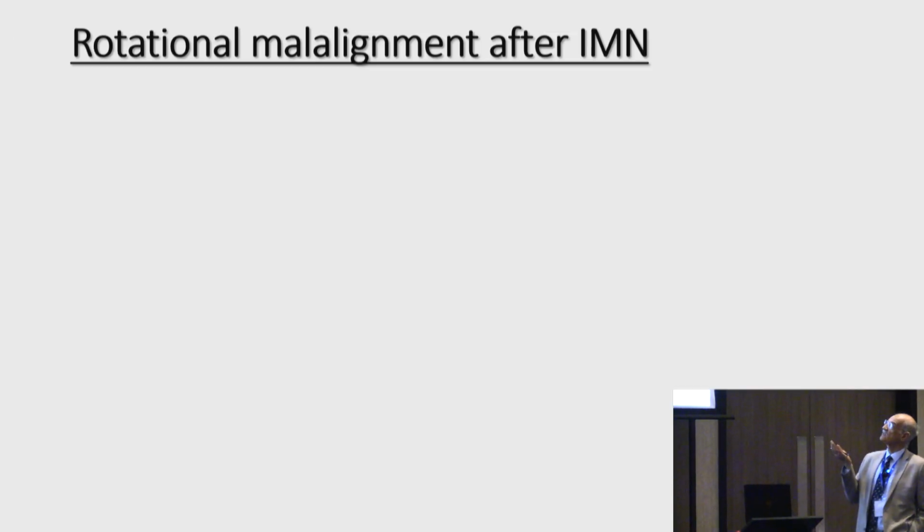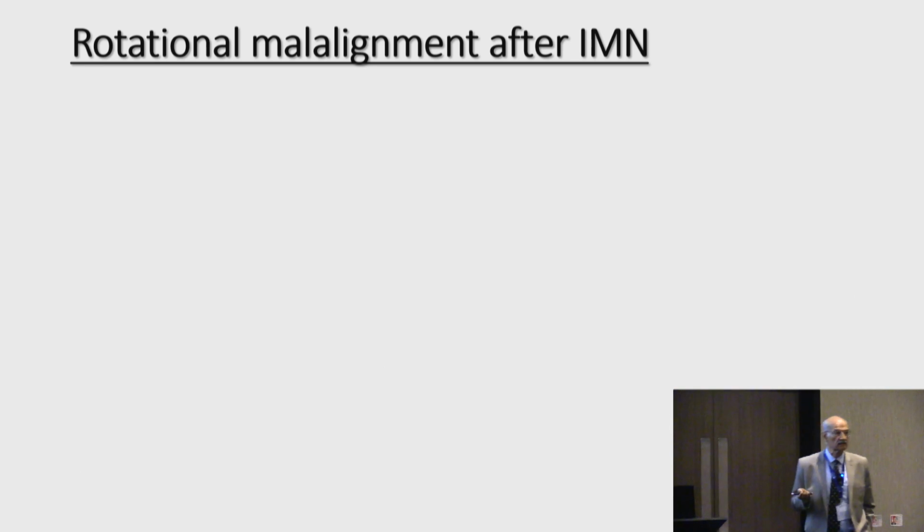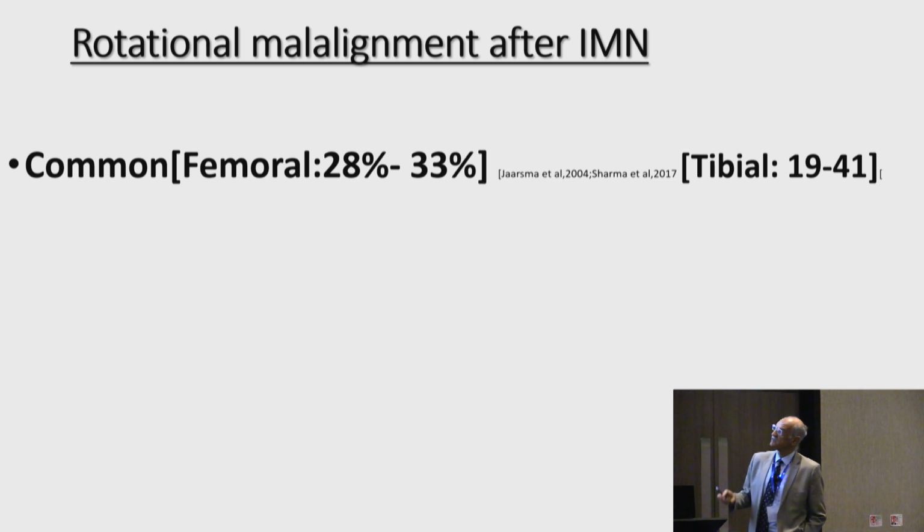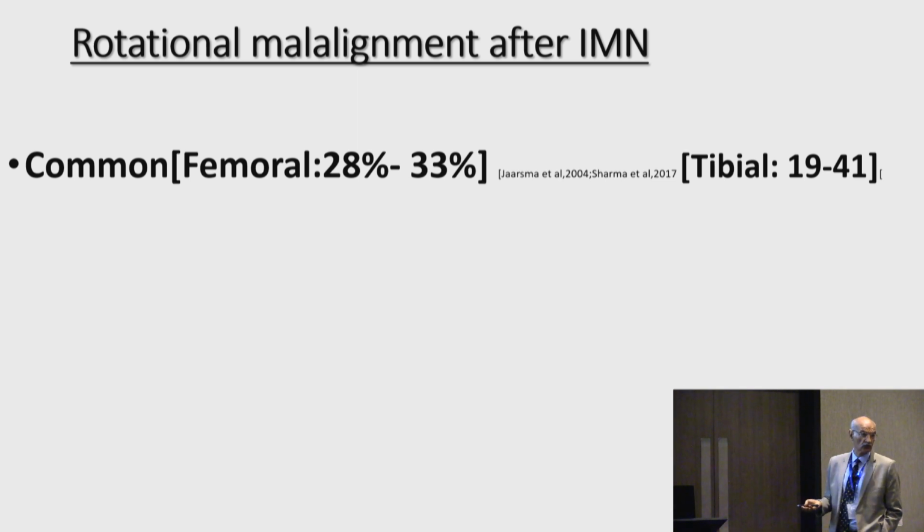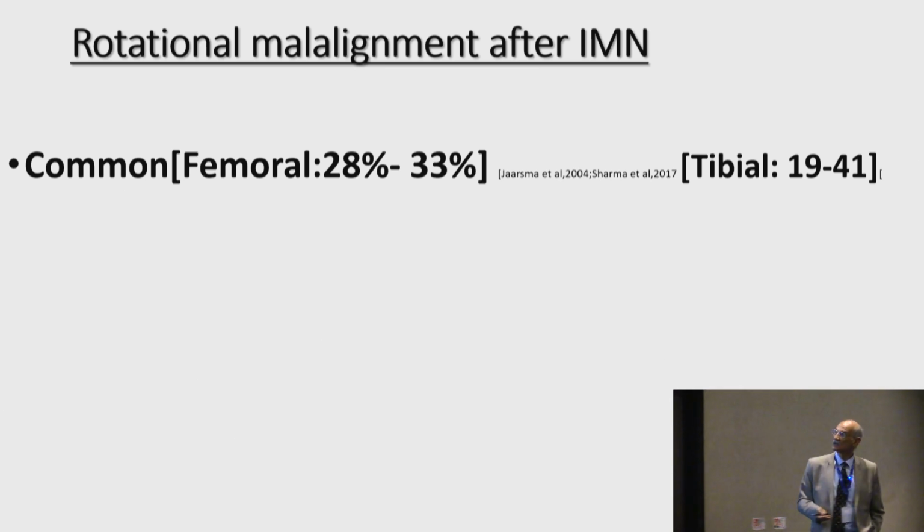Rotational malalignment after intramedullary nailing. You know how big the problem is? For the femur, 20 to 33% have rotational deformities of more than 15 degrees. If you think about the whole deformity, it might be 70% of the cases.